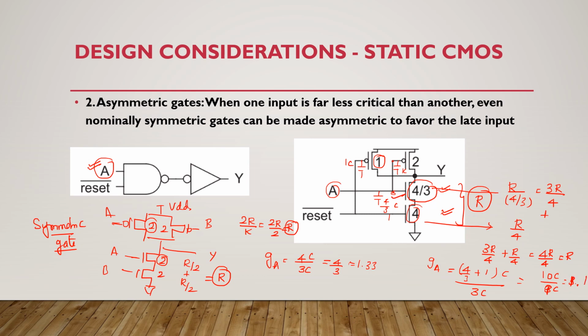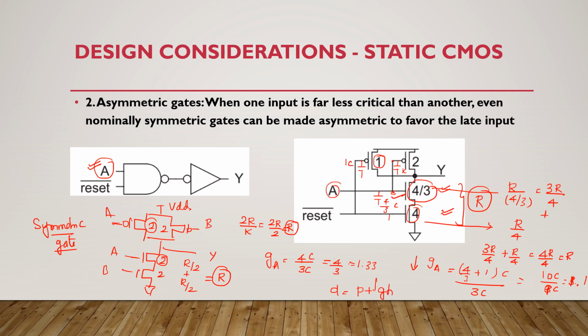So logical effort is lesser for this asymmetrical gate when compared to the symmetrical gate. Okay. So if the logical effort is lesser, as we all know, the delay will be lesser, because the delay is nothing but the parasitic delay plus the product of logical effort and electrical effort.